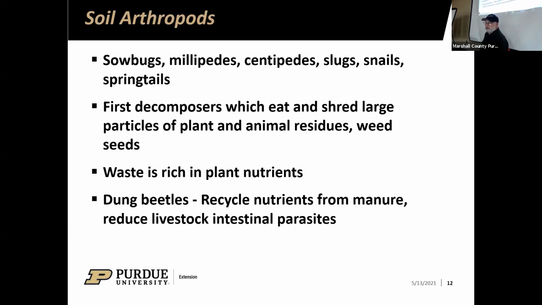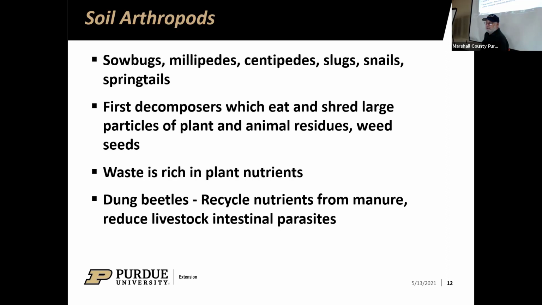These are the first decomposers, which eat and shred large particles of plant and animal residues and will help destroy some weed seeds as well. We want organic matter on the soil surface to be turned over. That's why one component of soil health is having residue and plants on top of the soil surface, so these organisms have things to feed upon.